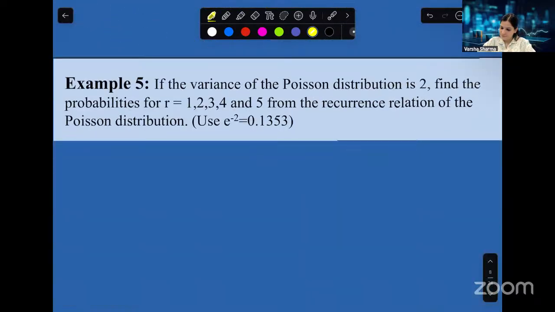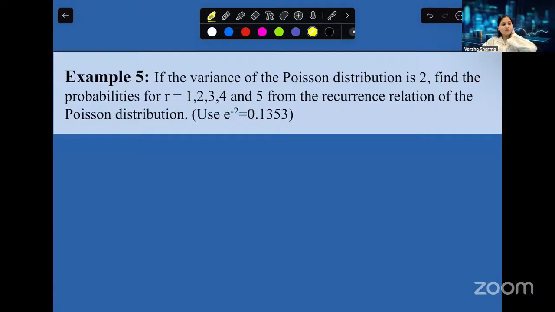Next, if the variance of the Poisson distribution is 2, variance is what? Lambda. Variance is lambda. Find the probability for r. So instead of x, it's using r. Okay, from the recurrence relation.